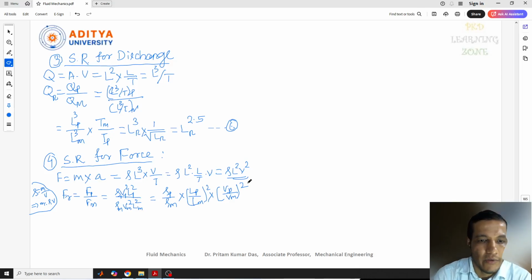So here I can write the force scale ratio, FR equal to LP by LM whole squared into VP by VM squared. So here rho P equals rho M when the fluid is the same.